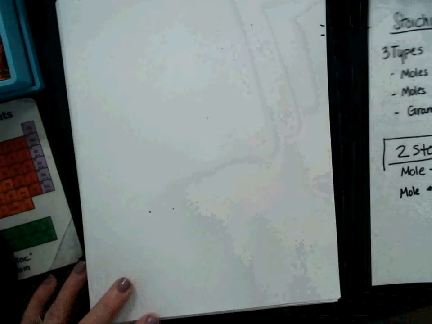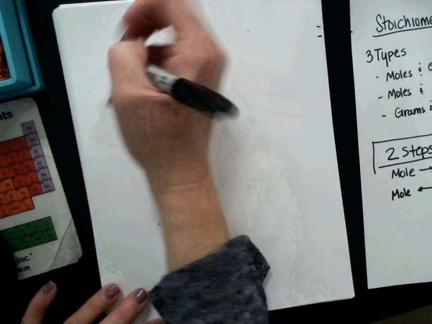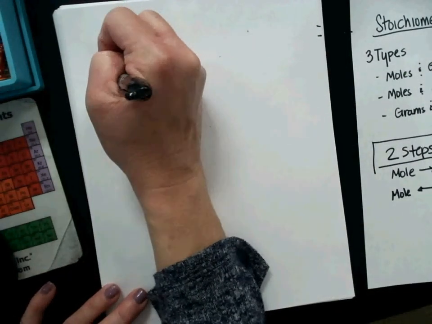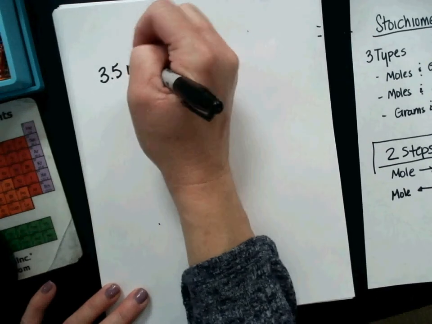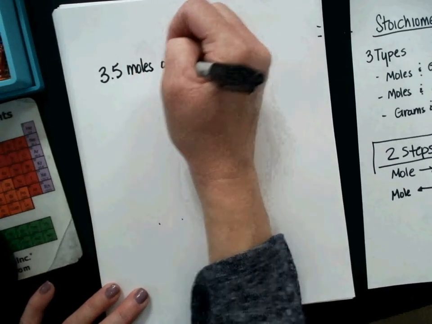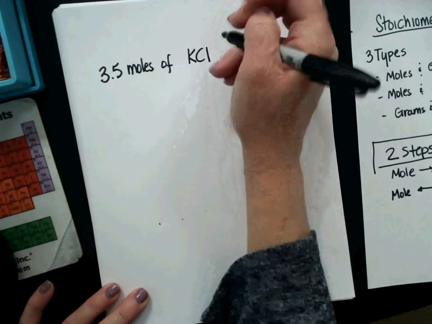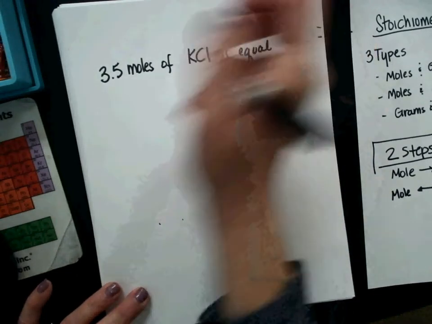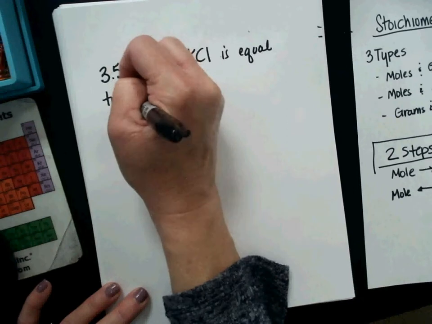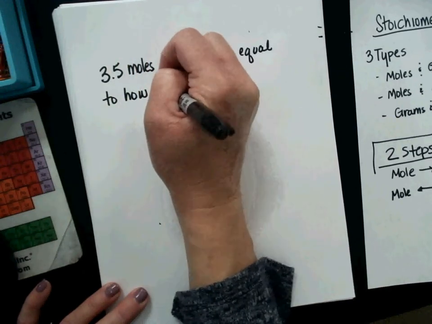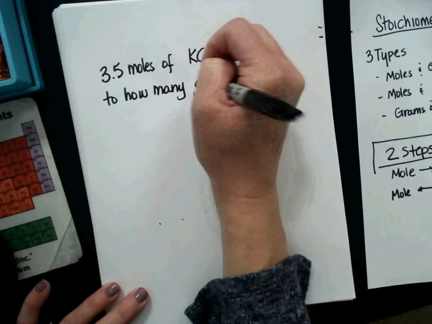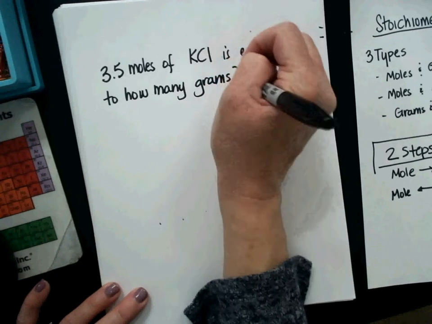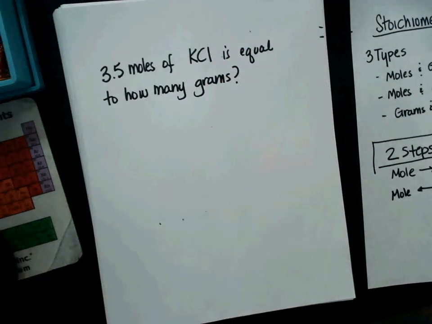So let's look at one of those. 3.5 moles of KCl is equal to how many grams?